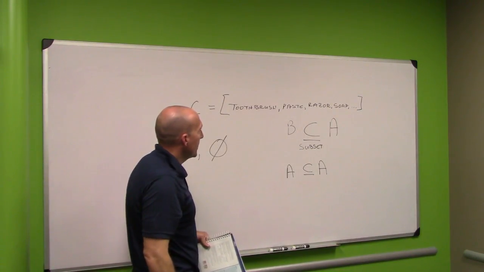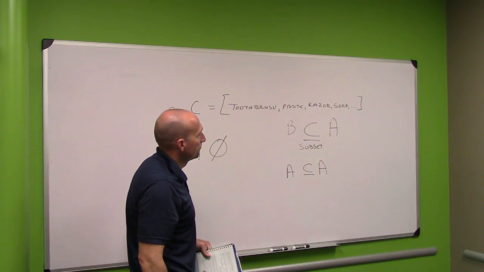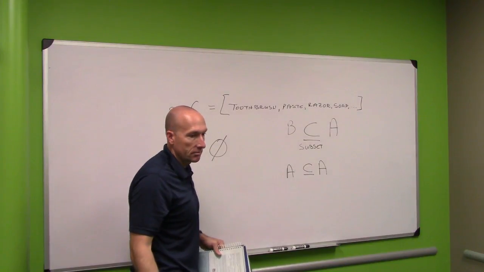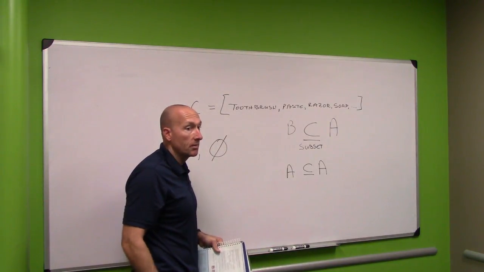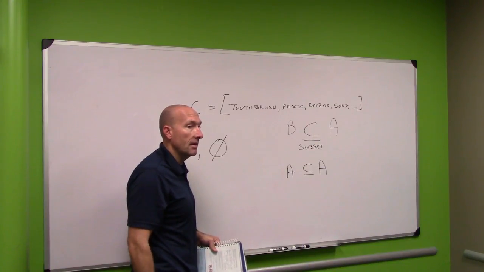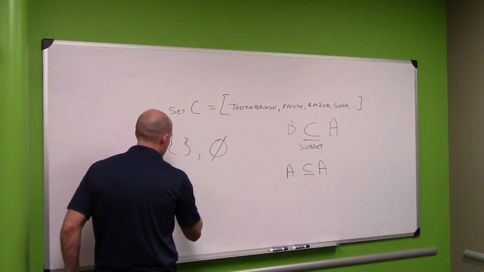So what if we said that nail clippers are not in that basket. So we say nail clippers are not an element of C. How do you think you would write that? So nail clippers.